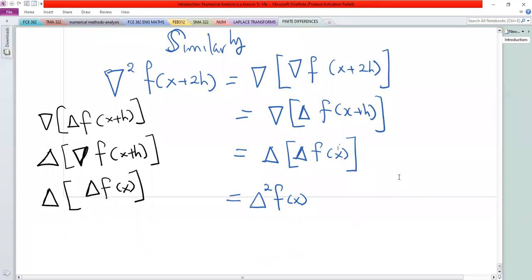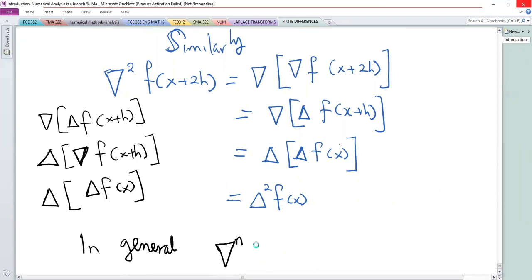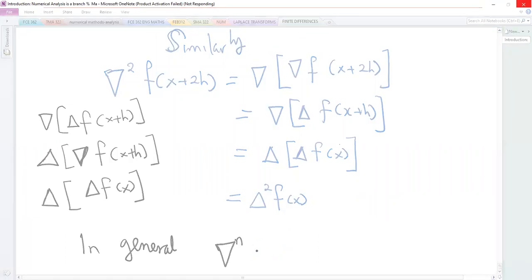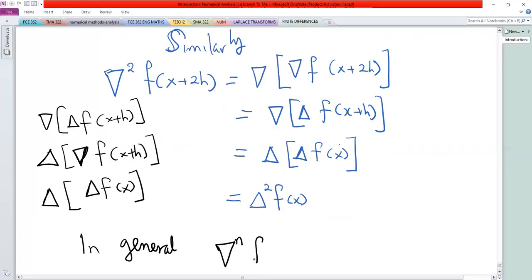And so in general, if you raise this to power n of x plus nh, then you get the forward power n raised power f multiplied by f of x.